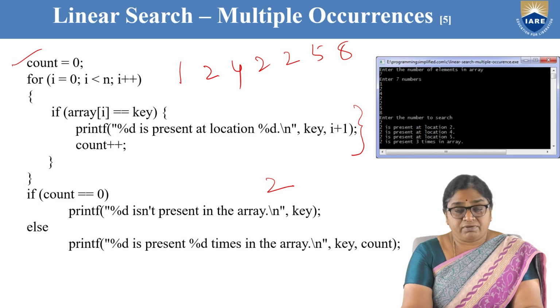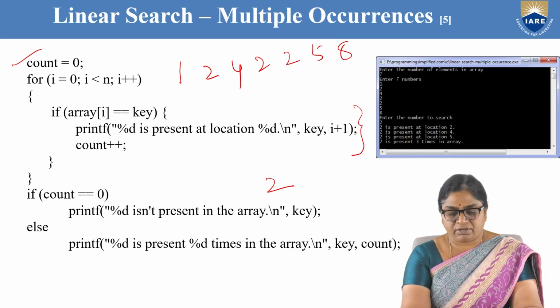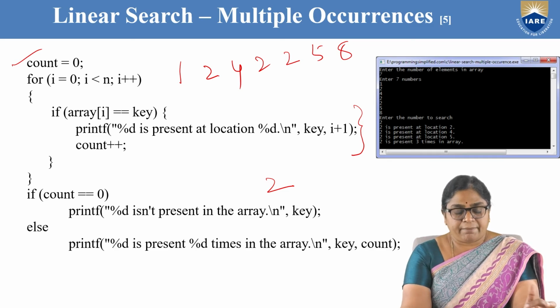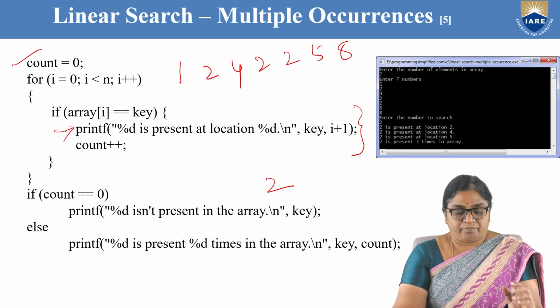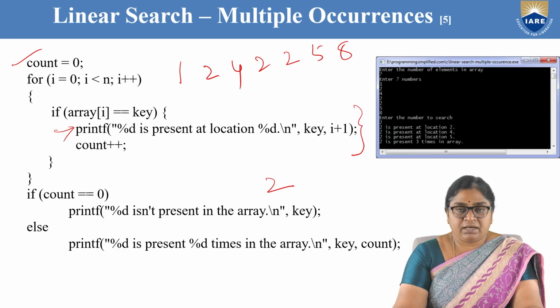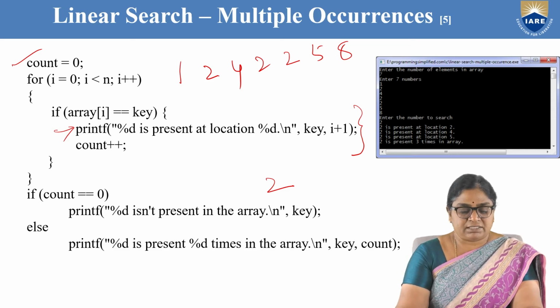Yes. Previously, when the current element matched the key element, we displayed a message that the key element is found at such and such location and came out of the loop. But this time we are displaying a message and we are not breaking out of the loop. We will continue with the next iterations to check for its occurrence in the remaining part of the list.